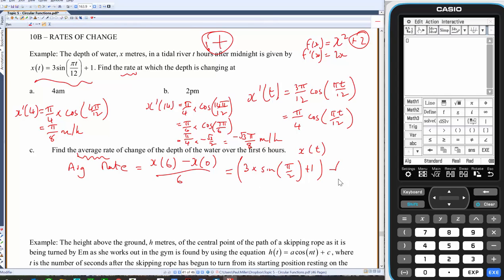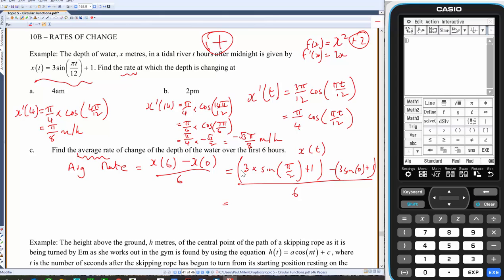Let's chuck some brackets in here, take away 0, 3 sine of 0 plus 1. Open, open, close, close. All good, over 6.